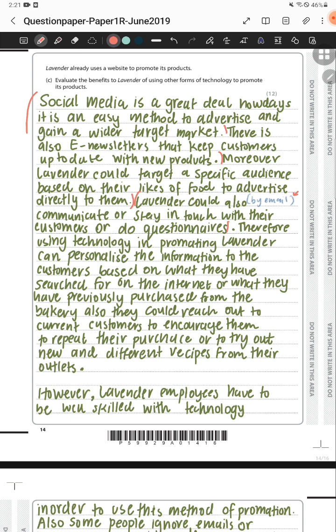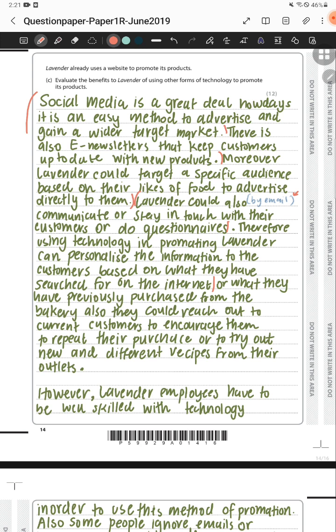Some do questionnaires or even direct messaging, but at this point Lavender is a huge business, I would say, so email is better for them. Therefore, using technology in promoting, Lavender can personalize the information to the customers based on what they have searched for on the internet, which is still another point, or what they have previously purchased from the bakery.